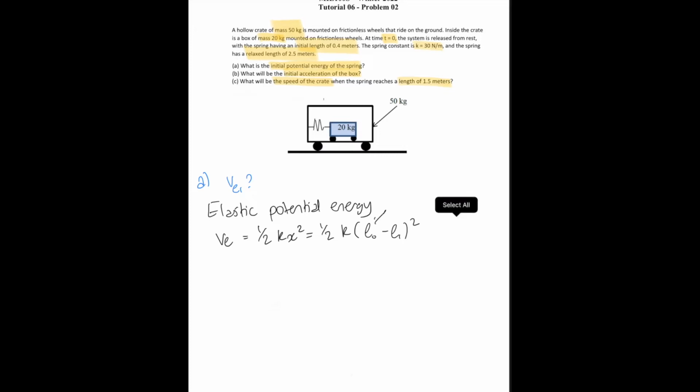So we're going to recall the elastic potential energy equation, which is VE is equal to half kx squared, or half k (L naught minus L1) squared, where L naught is the relaxed length and L1 is the initial length.